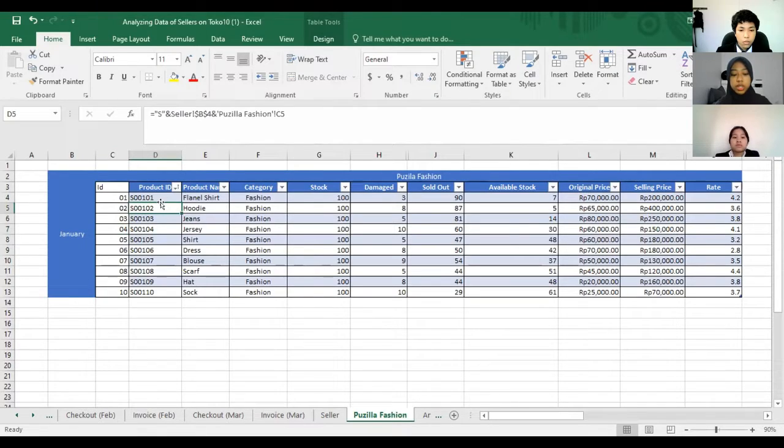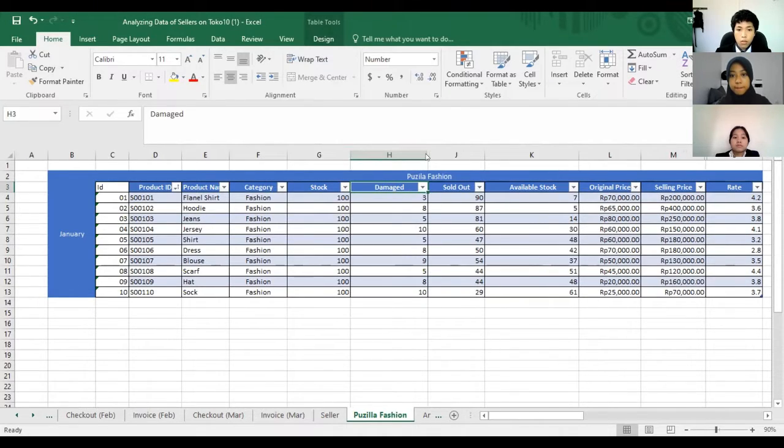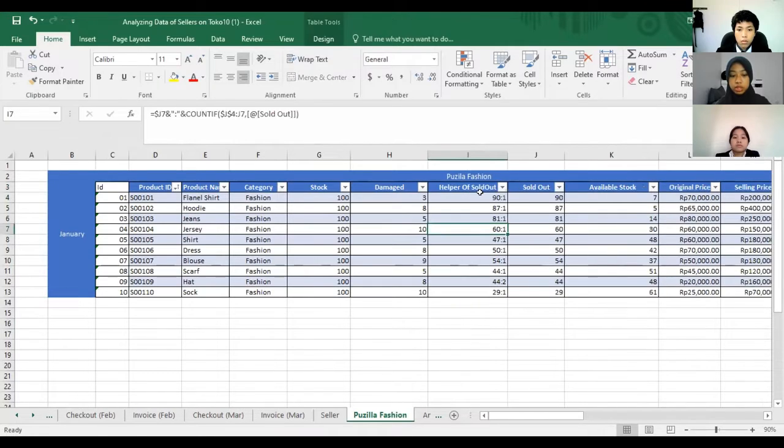The formula used for this account ID is 3D formulas. Then there is product name, product category, stock, damage, and here is helper of sold out.